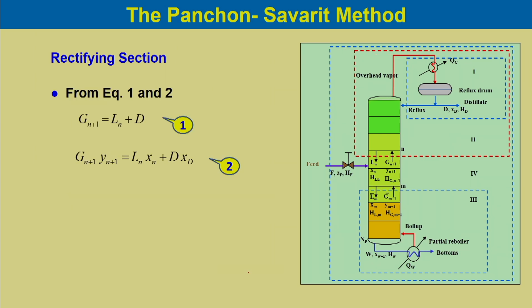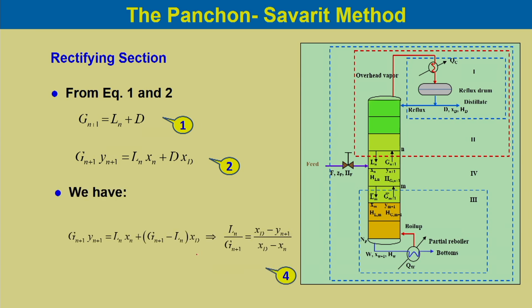Now, from equation 1 and 2, the overall mass balance and the material balance equation, we can write G n plus 1 into Y n plus 1 would be equal to Ln X n plus D Xd, and if we substitute for D, D would be equal to G n plus 1 minus Ln.